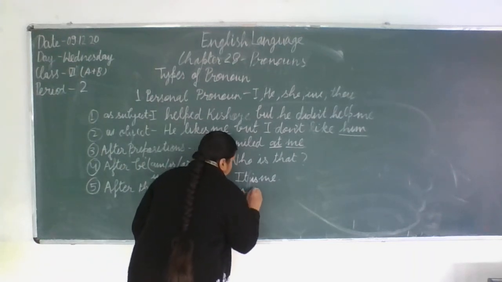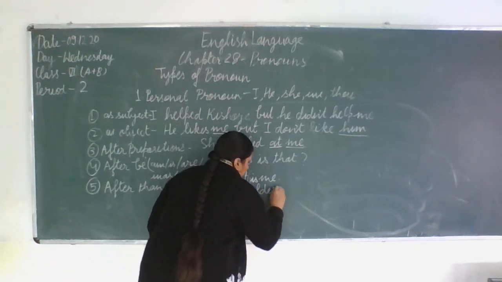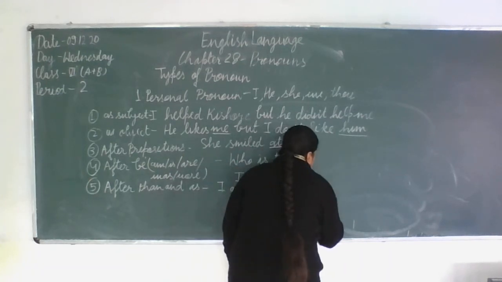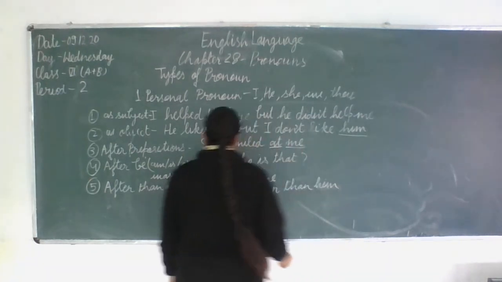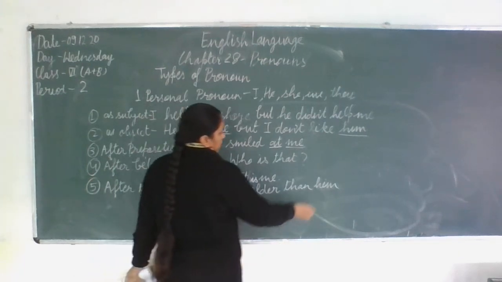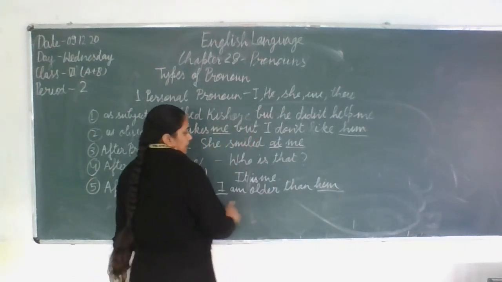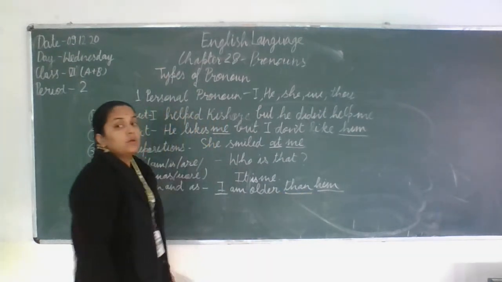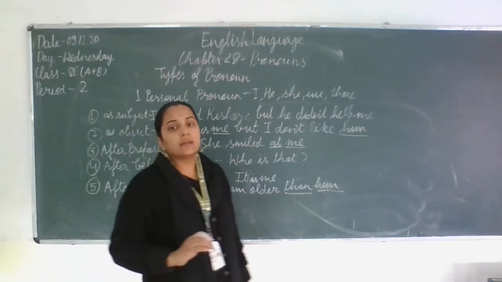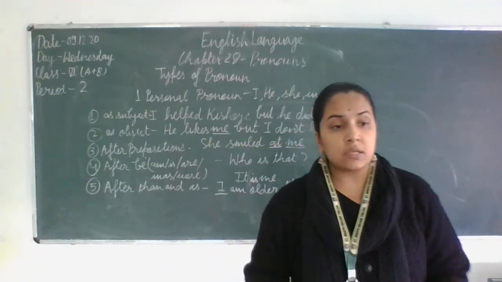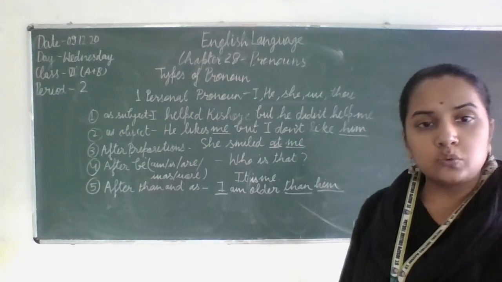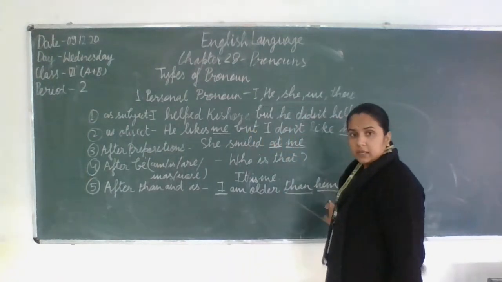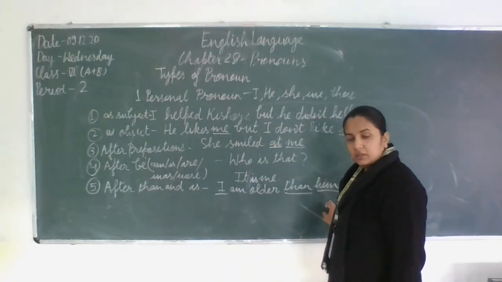I am older than him. This is the first person pronoun, this is the subject, and this is the object. We use than for showing the comparison between two things. So here we have used the object personal pronoun after than. This is also one way we can use it.